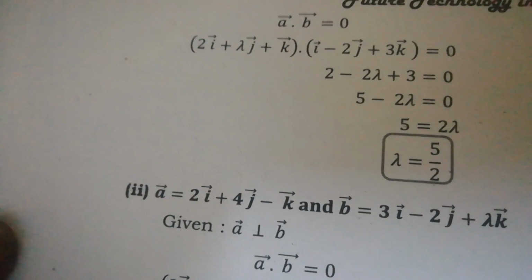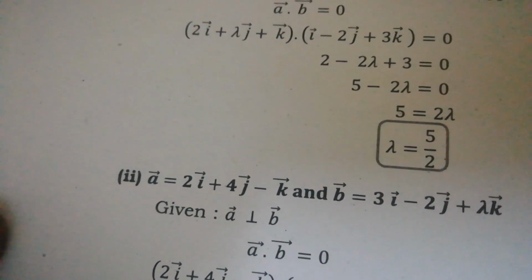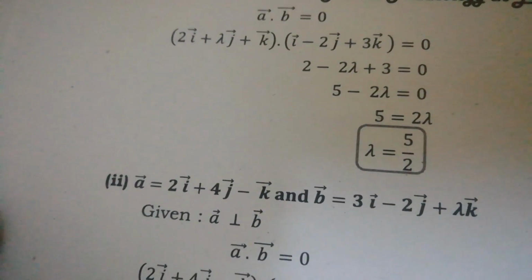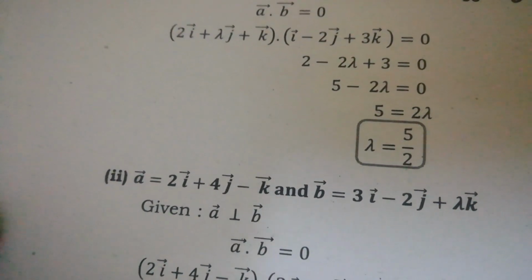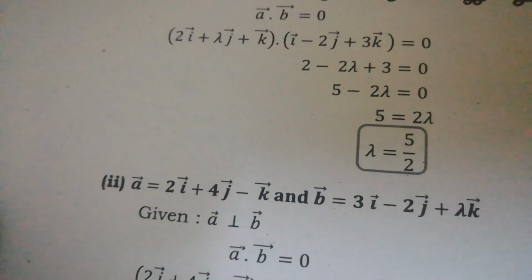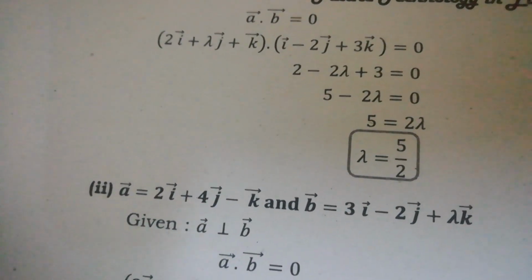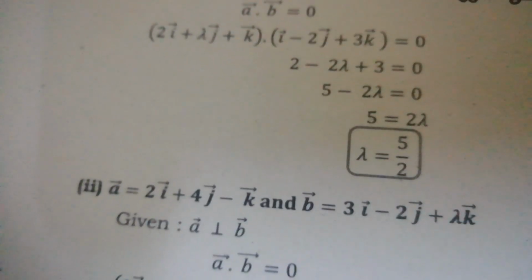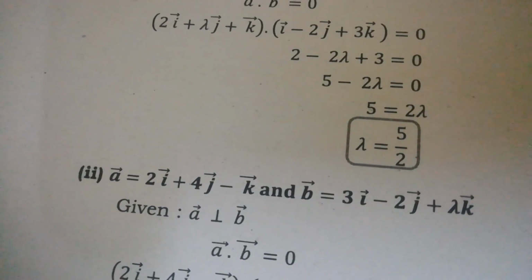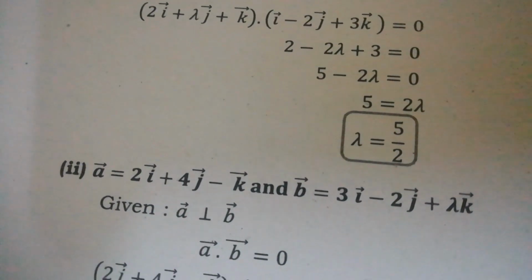If A is perpendicular to B, then A dot B equal to 0. So we can put the A vector 2i vector plus lambda j vector plus k vector, dot B vector i vector minus 2j vector plus 3k vector, equal to 0. That is the condition.